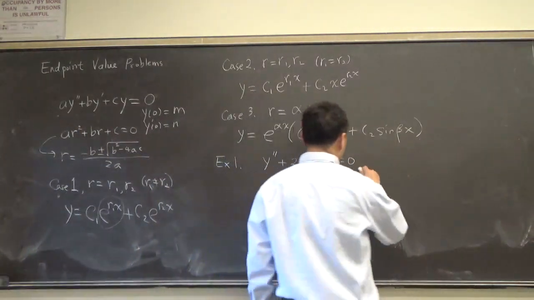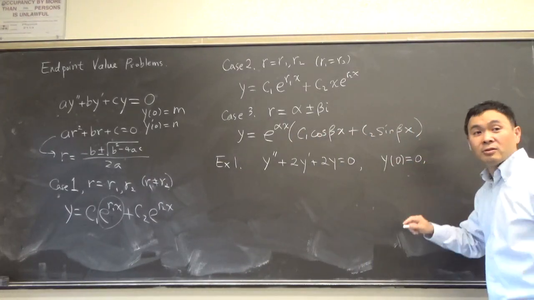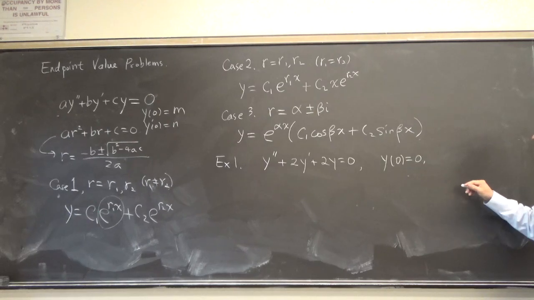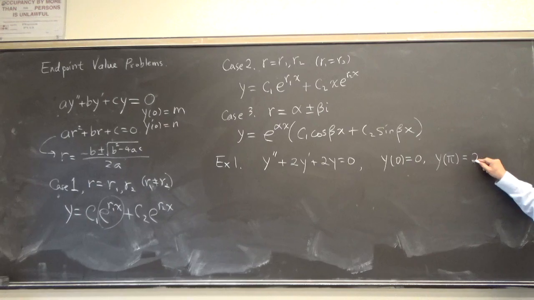And let's say y of 0 is 0, and y of pi is 2.